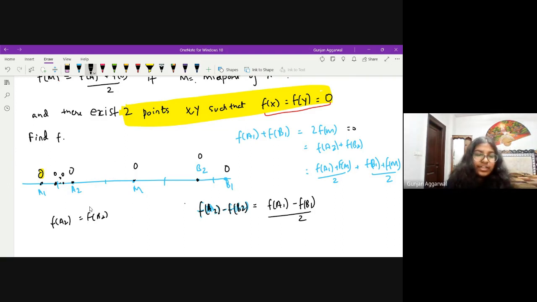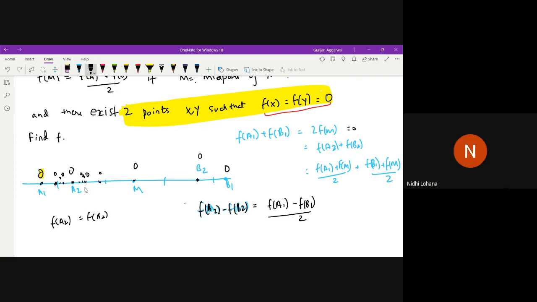Can you find a more rigorous proof? Here you're just squeezing everything, right? Yes, ma'am. Can you give me 1 minute?